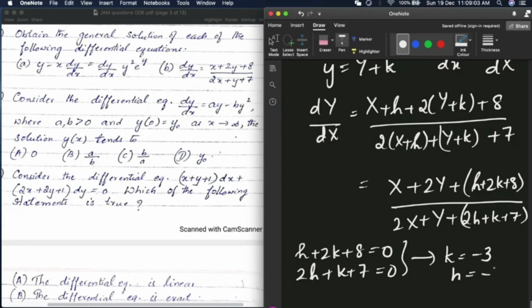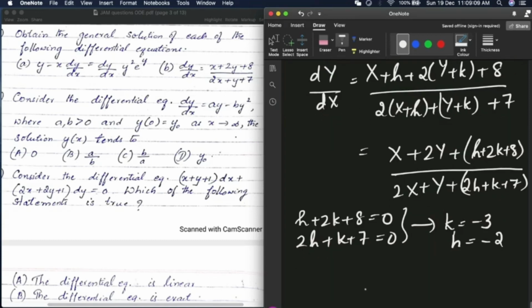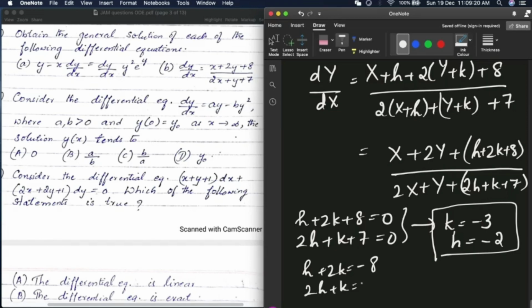Is it 3 or minus 3? It's minus 3, ma'am. Minus 3, no? You get h plus 2k is equal to minus 8 and 2h plus k is equal to minus 7. This is the equation that you have to solve. So you get k is equal to minus 3 and h is equal to minus 2.